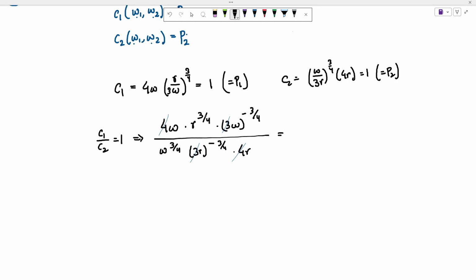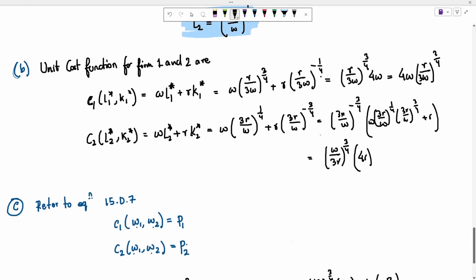So we are going to have just R there. Again, are we missing something? So it will just be R to the power 3 by 4 plus 3 by 4. There should be a 1 by 4 somewhere.